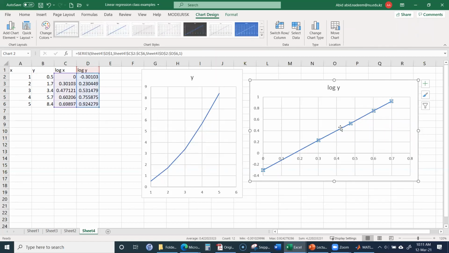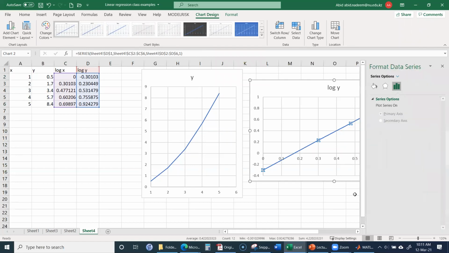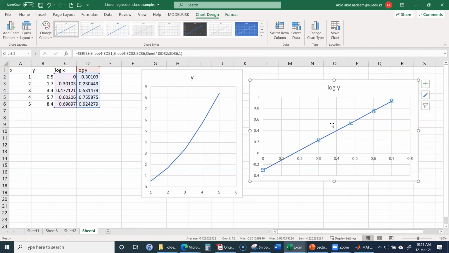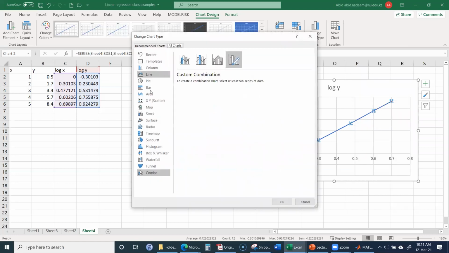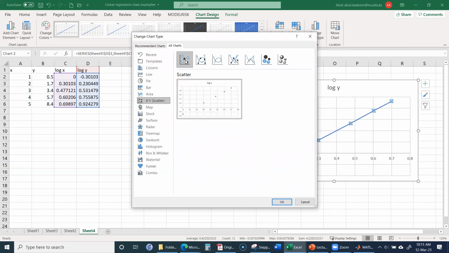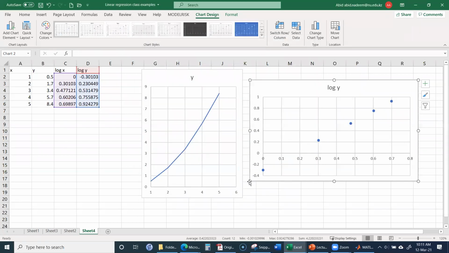Okay, and then maybe we can just show it as points only, and then you can see that the points are looking like this.